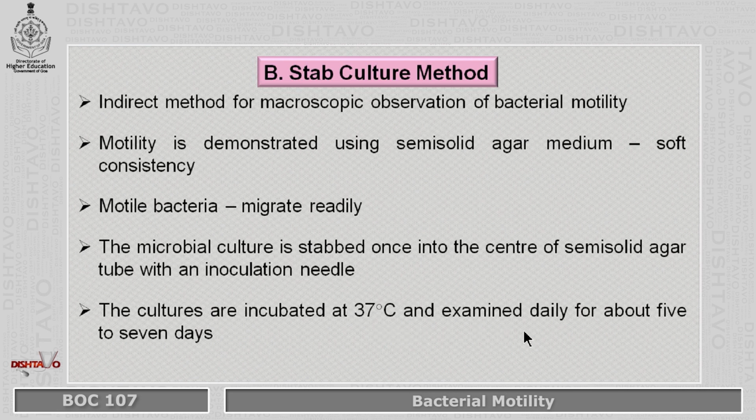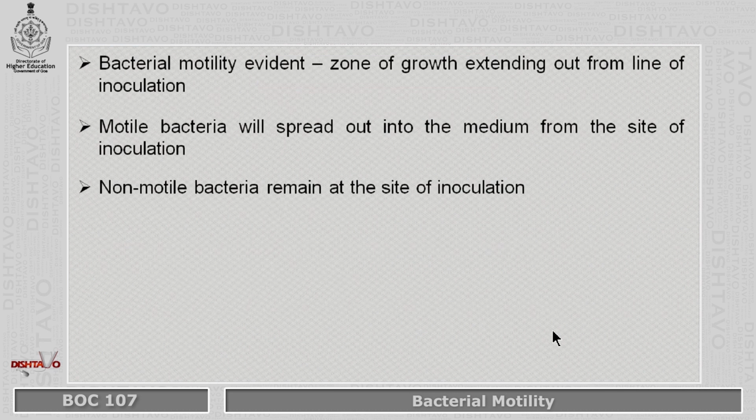The cultures are then incubated at 37 degrees Celsius and examined daily for about 5 to 7 days. The bacterial motility is evident by a zone of growth which is extending out from the line of inoculation of the bacteria. The motile bacteria will spread out into the medium from the site of inoculation, while non-motile bacteria will remain at the site of inoculation.